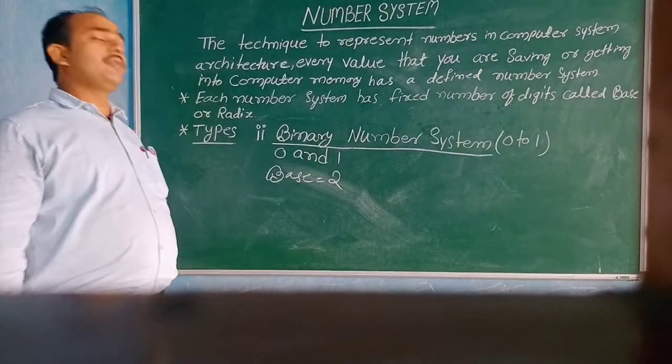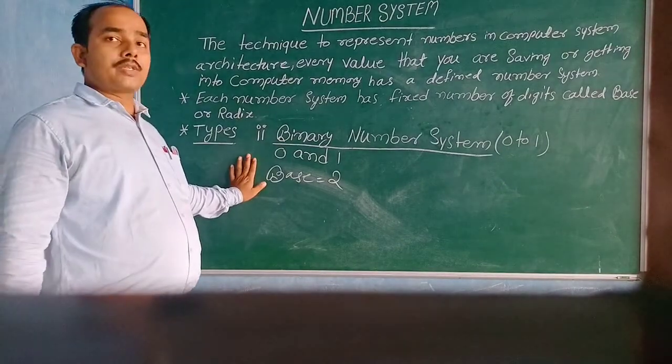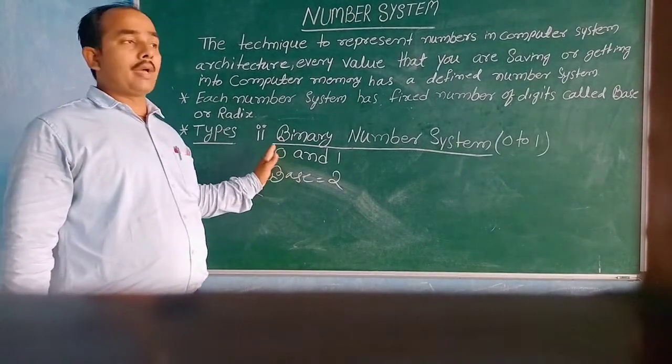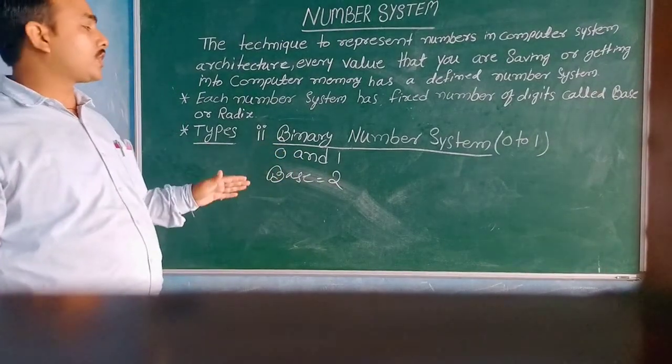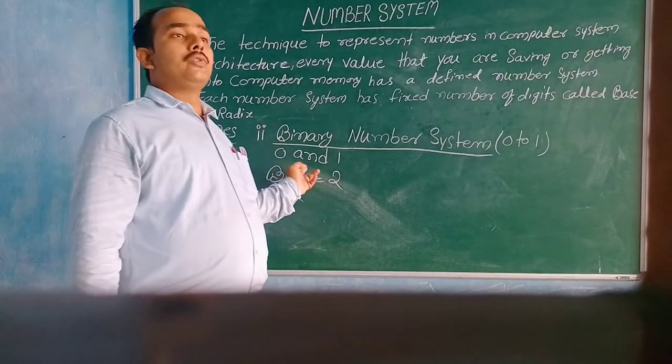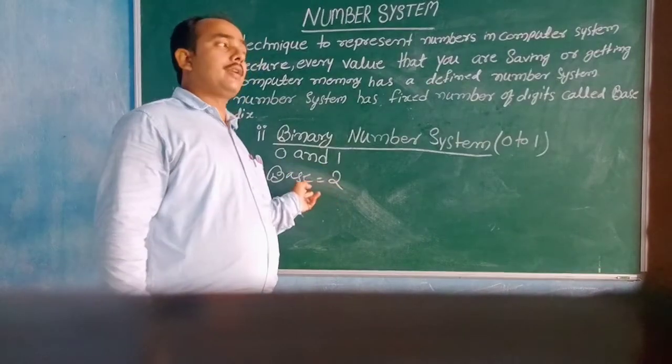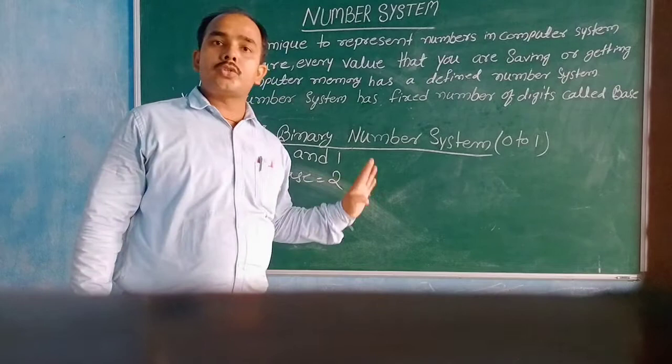Okay, so now we will discuss the binary number system, which is a number system in which we take only 2 digits, 0 and 1, and the base of the binary number system is 2.